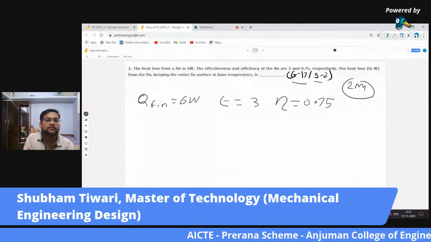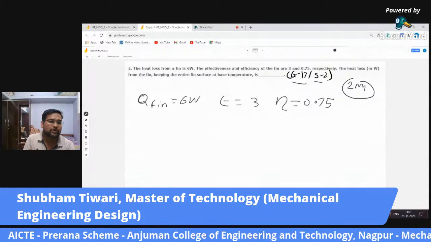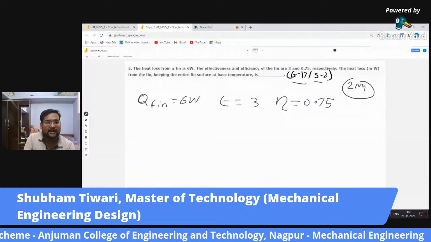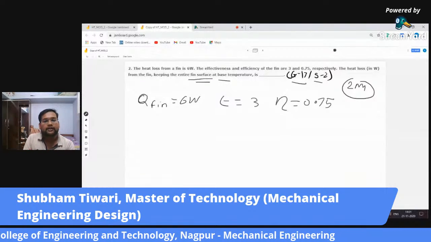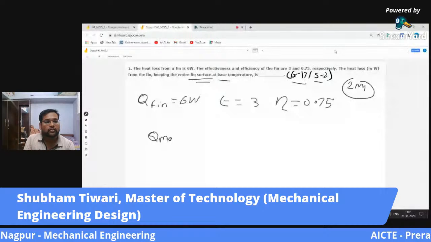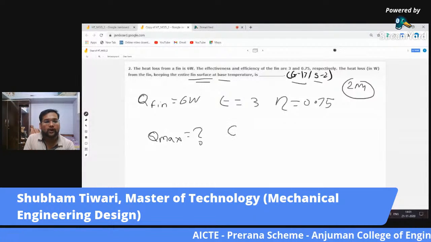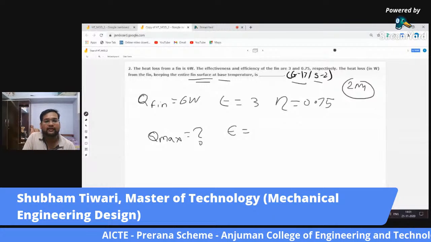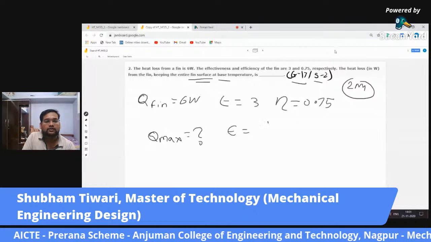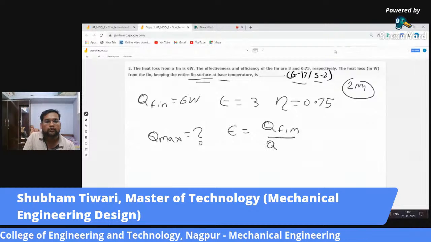The heat loss from the fin, keeping the entire fin surface at base temperature. What is it asking? It wants us to find Q maximum. So what is the equation of Q maximum that we have? We know that epsilon is Q fin upon Q max.